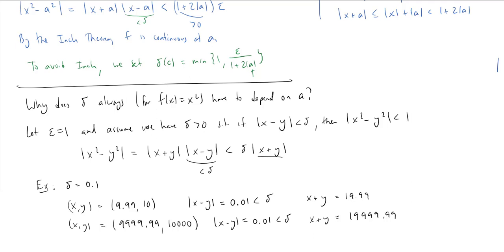And so for large enough x and y, delta times the absolute value of x plus y doesn't have to be less than 1, which we know we're supposed to be getting to.